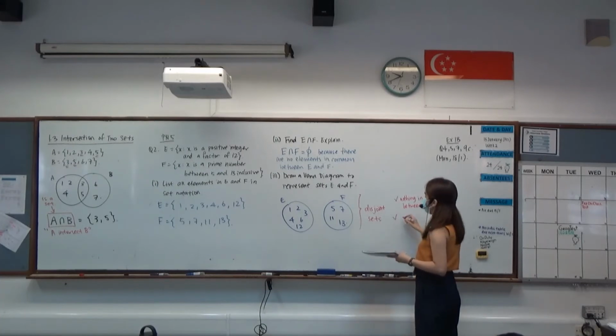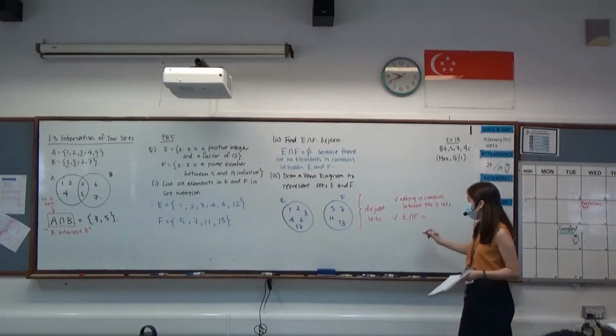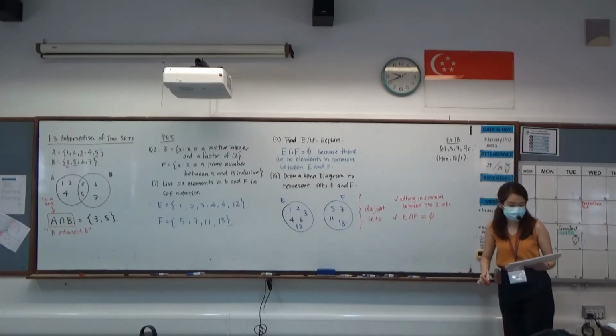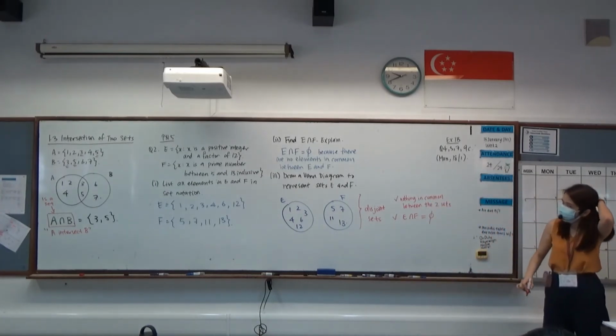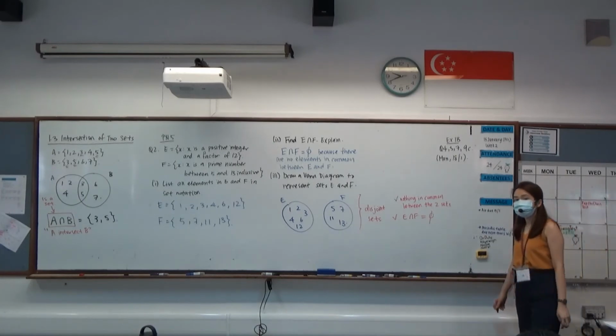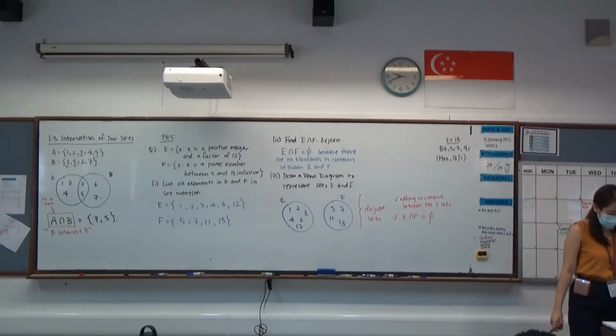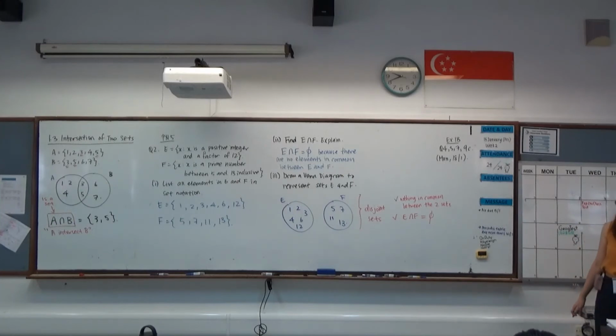We can also say that the two sets, in this case E and F, are disjoint when the intersection is empty. So that is what we call disjoint sets.